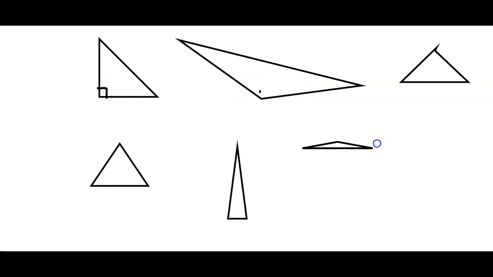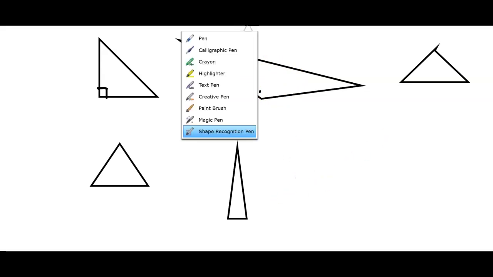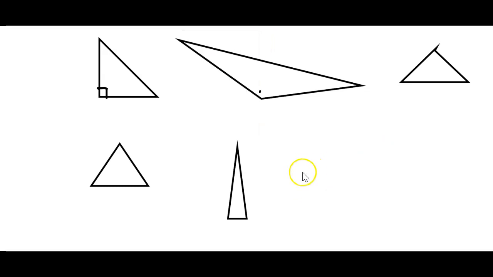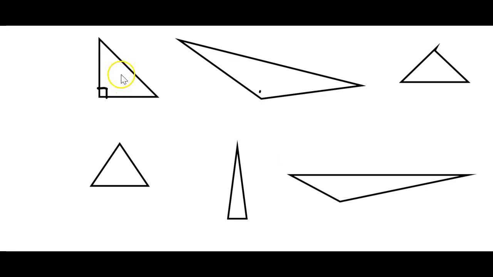No, that's stuck on isosceles, so I'll use shape recognition again. You can have scalene where none of the sides are congruent. There we go. So right, obtuse, and acute, that's classifying by angles. Isosceles, equilateral, and scalene, that's classifying by sides.